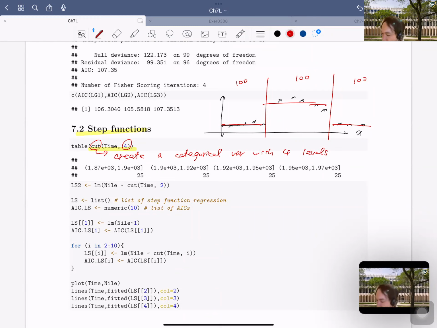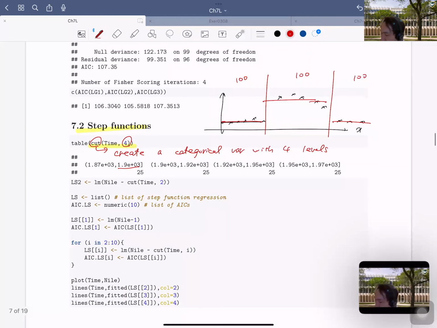So in this case, the thresholds are 1900, 1925 and 1950, roughly. So we have 25% of observations each, and we created basically 4 categories.